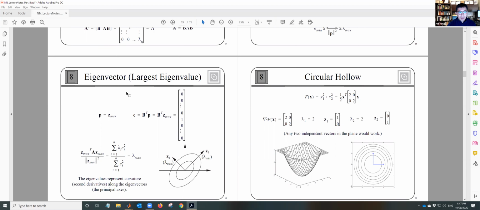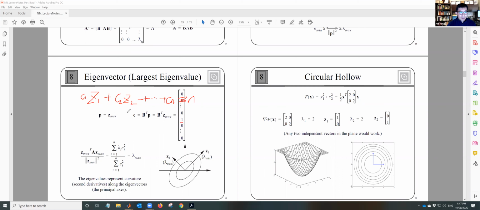It's like C1 Z1 plus C2 Z2 plus dot dot dot plus Cn Zn. And there is something in the middle, Z max, so that's why you have a 1 here.